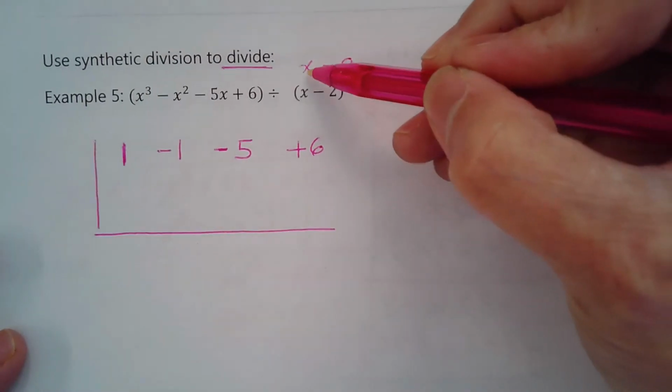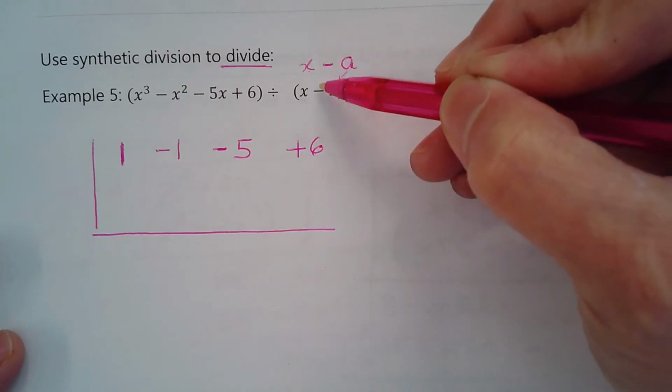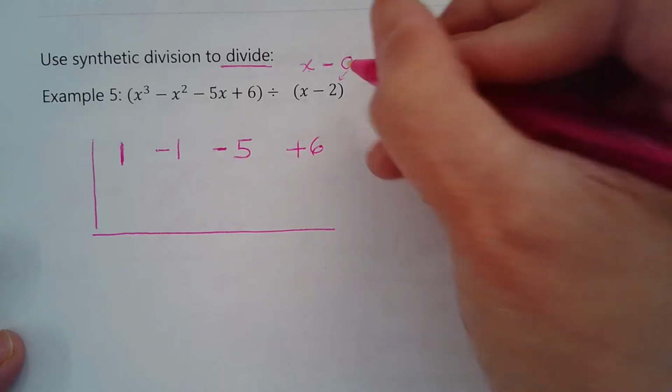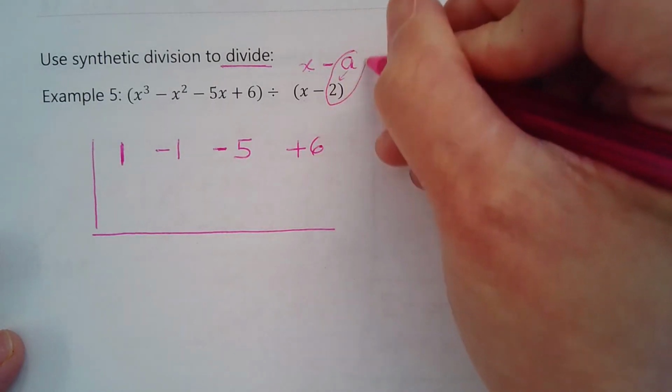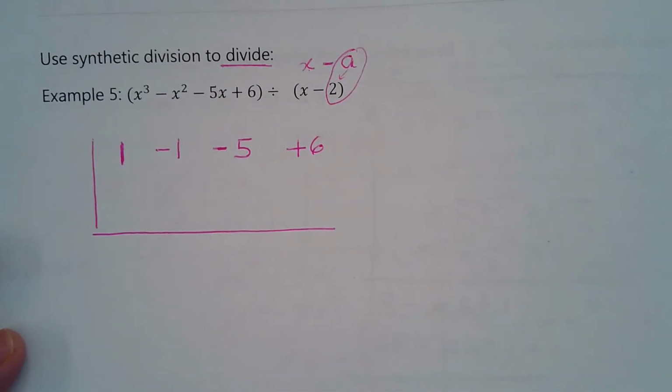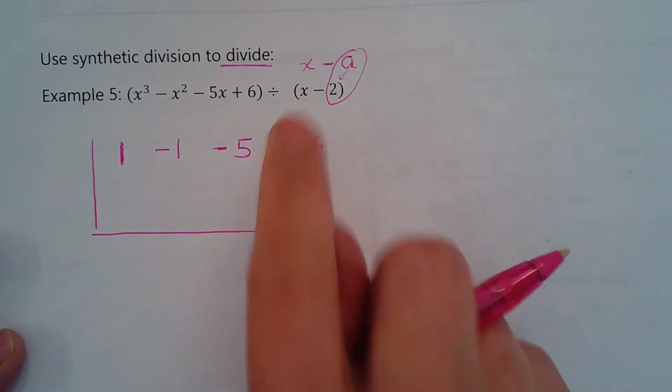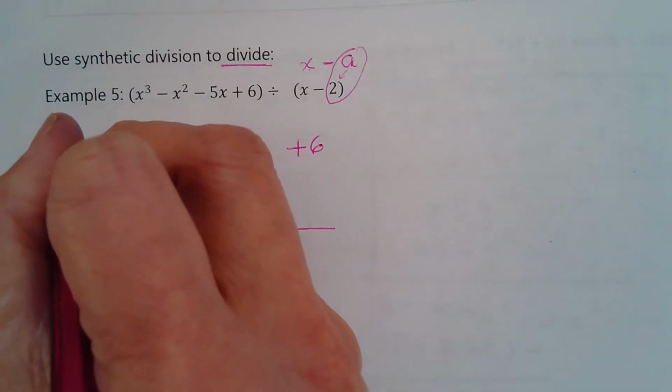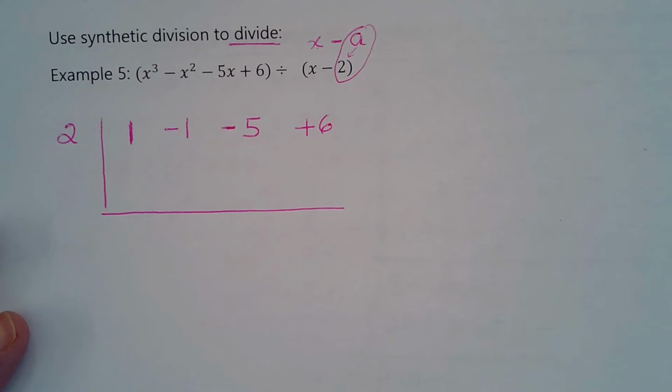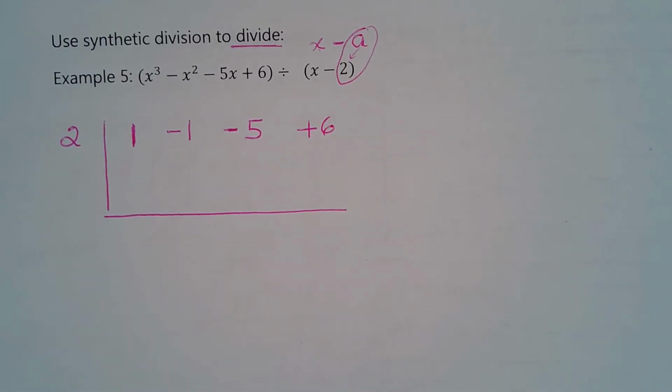Can you see here? It's x minus, minus, so the a is just 2. We're going to drop the x and put 2 there. Okay, good, so that one's already looking simpler.